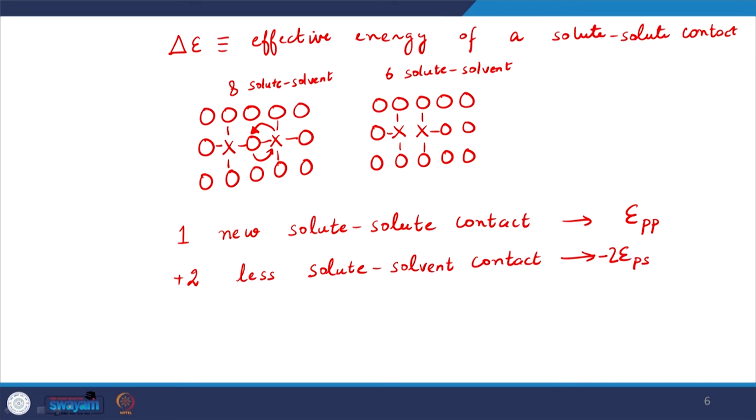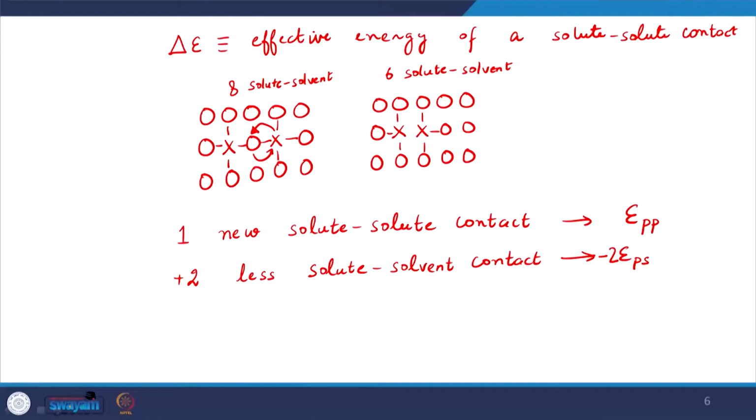Now, let us look at the solvent contacts. So, for many of the solvent molecules there is pretty much no change, only for some there is a change. Let us say I start with this guy right here. It was having 2 contacts earlier, still it is forming 2 contacts in the new configuration. There is no change for this guy as well.